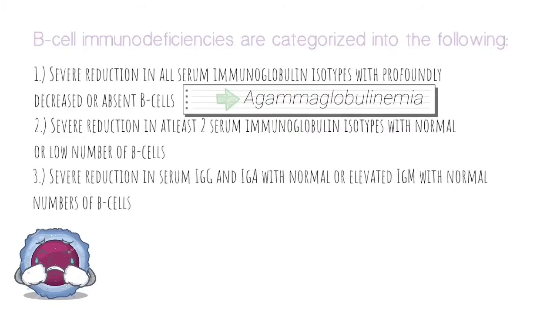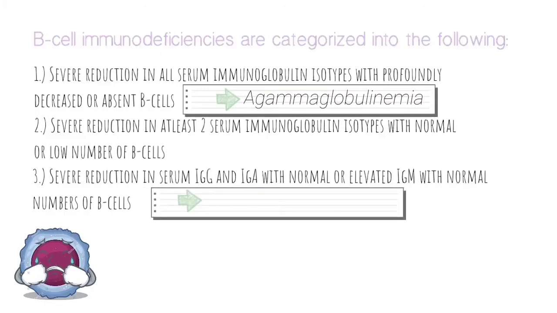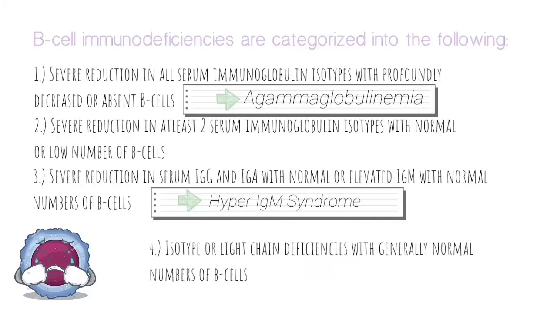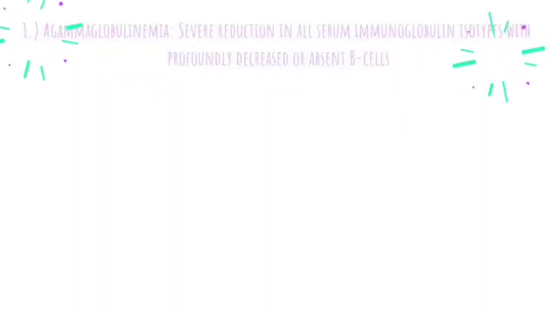Number 3, severe reduction in serum IgG and IgA with normal or elevated IgM with normal numbers of B cells, typically recognized as hyper-IgM syndrome. And number 4, isotype or light chain deficiencies with generally normal number of B cells. Now let's dive into each category and describe each of their pathogenesis.